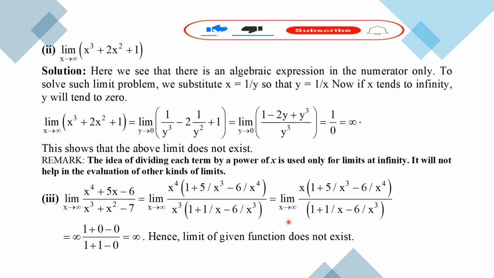Apply the limit: 5 over x cube goes to 0, this one goes to 0, that one goes to 0. So we will have infinity times 1, and that means the limit of the given function also does not exist.